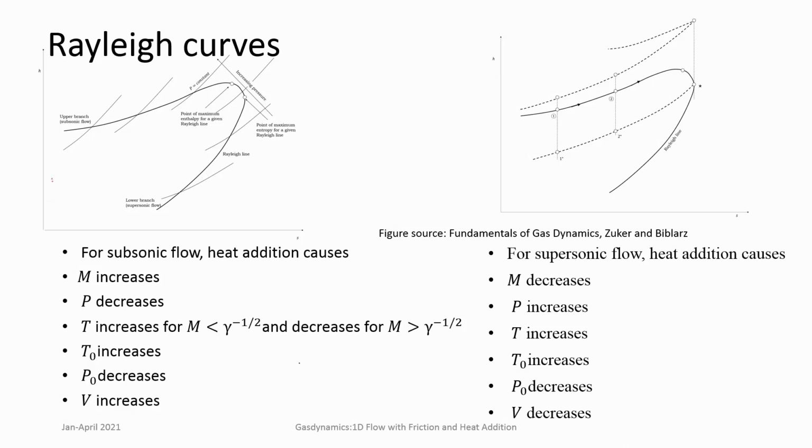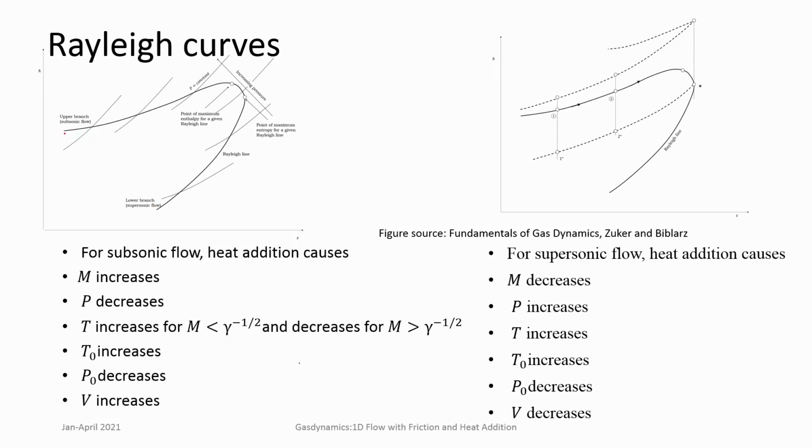These curves also have two branches. There is an upper branch and there is a lower branch. The way the curves look is different from a Fano curve, of course, but you can notice some important differences.